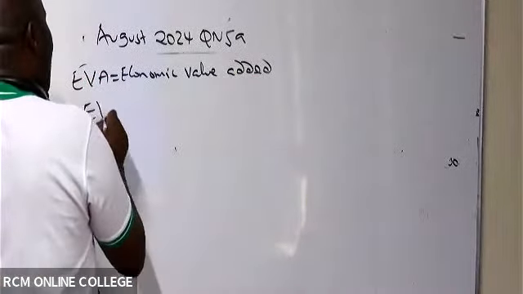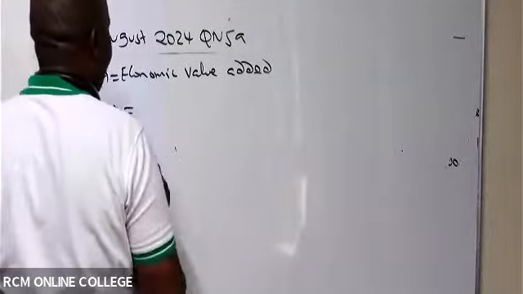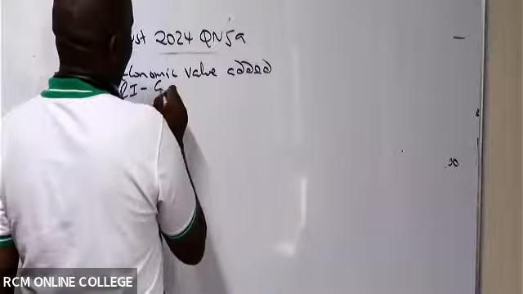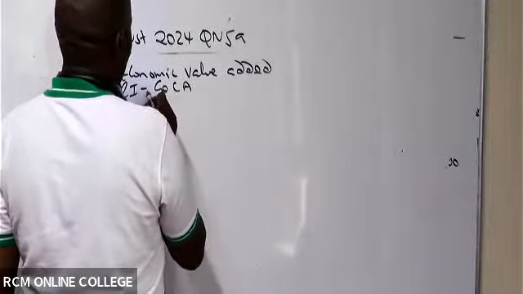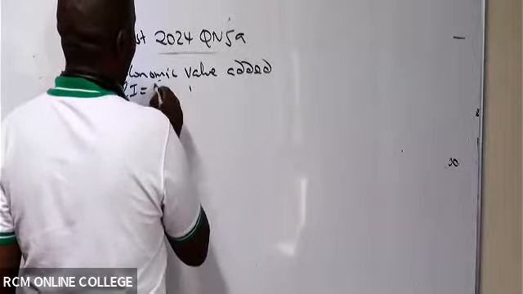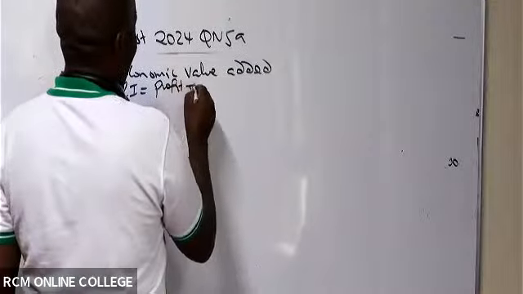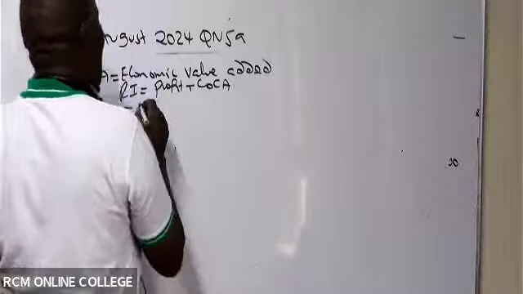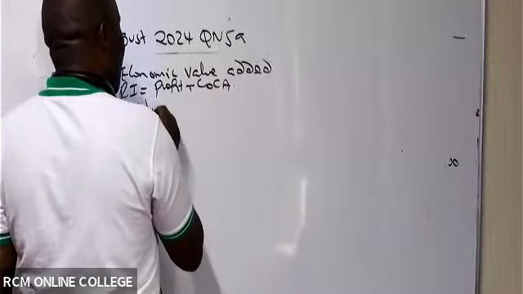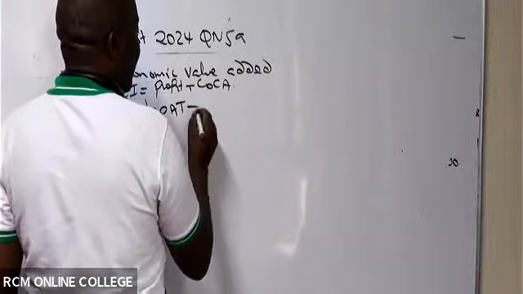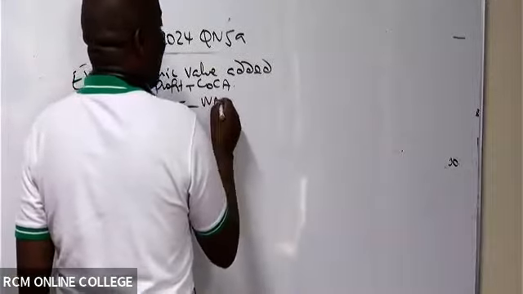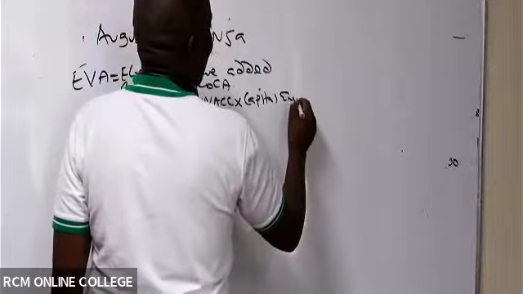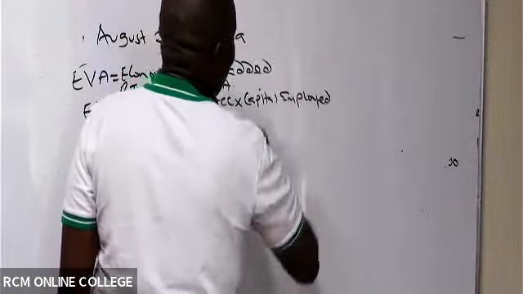So this EVA is very similar to residual income. With residual income, we talk of profit minus cost of capital. For EVA, we shall talk of NOPAT minus WACC times capital employed.